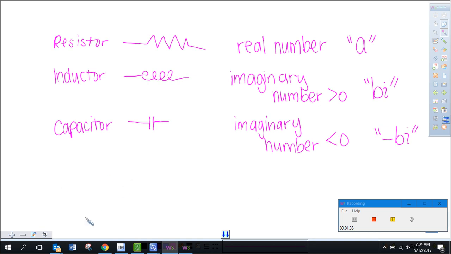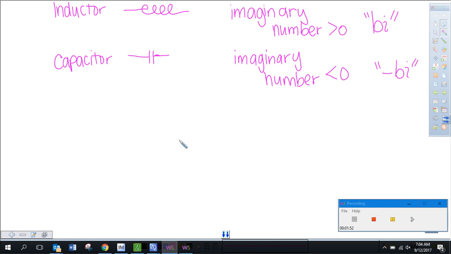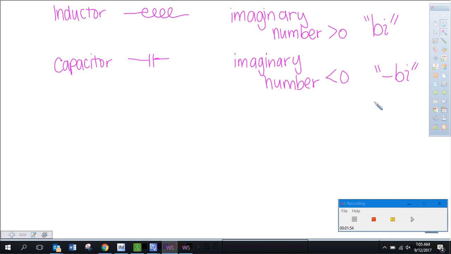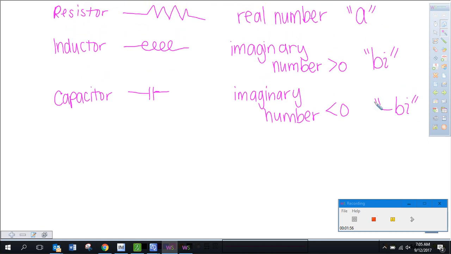Okay, so if I give you a diagram, let me draw you a diagram. So this is my diagram of my electrical circuit.